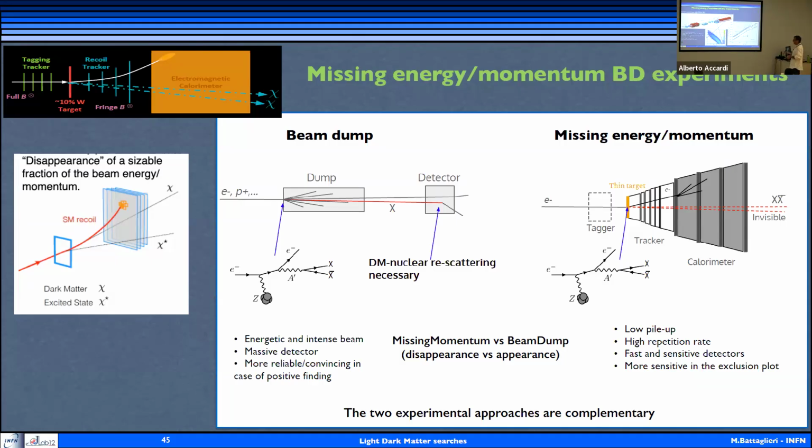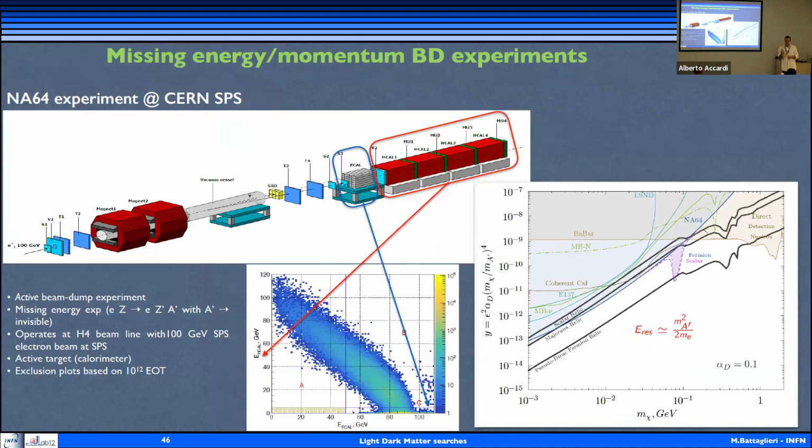But people proposed it. For instance, NA64 at CERN was the one that already ran. In this case, it's 100 GeV with an active target. This is the energy that you collect in the calorimeter downstream of your target, and in the electromagnetic calorimeter you sum up the two of them, and you are expecting to see exactly the energy you injected. If you see less energy, there is a region here.